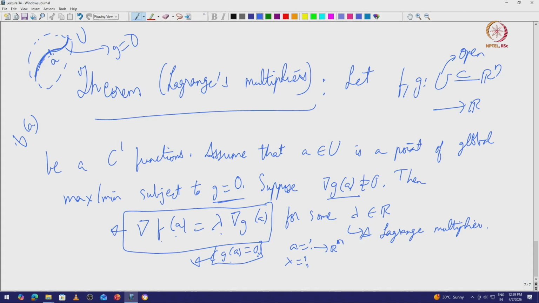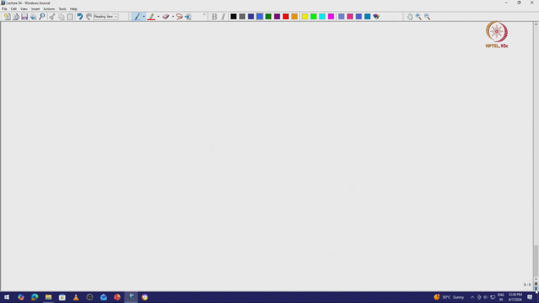So we will use the method of Lagrange's multipliers in just a moment, but let us look at the proof. You might think that the proof would be a rather formidable affair, but it actually isn't. It's exactly what you would expect it to be. So how does one prove this?